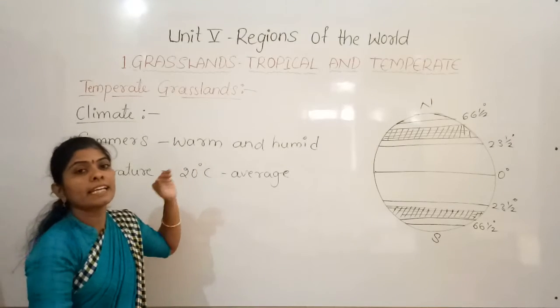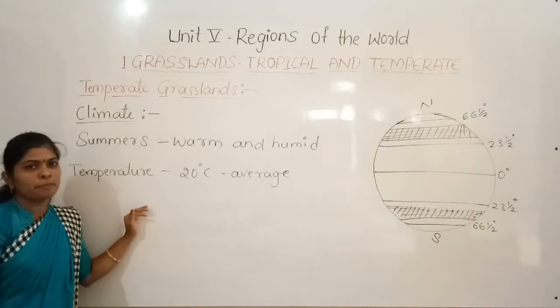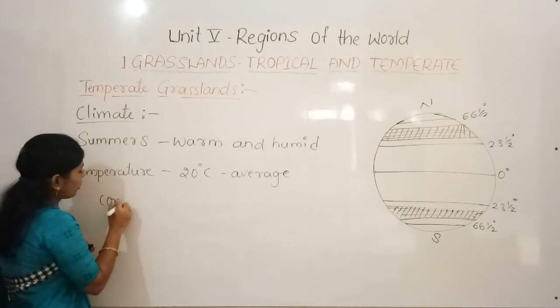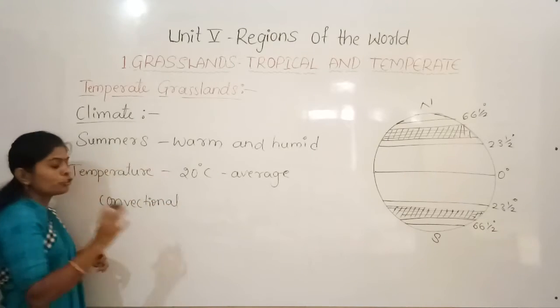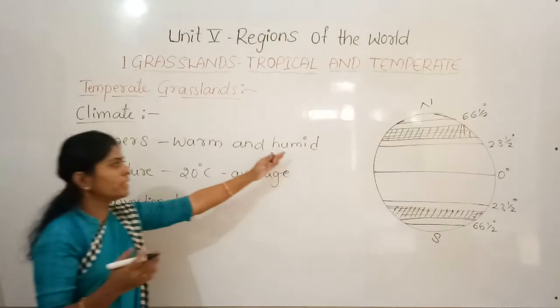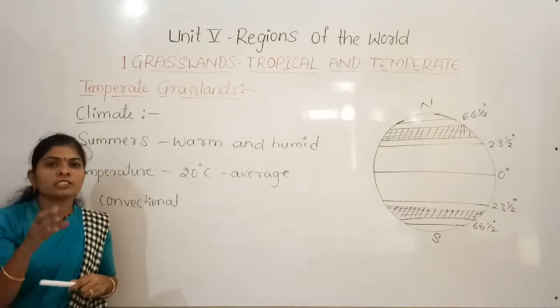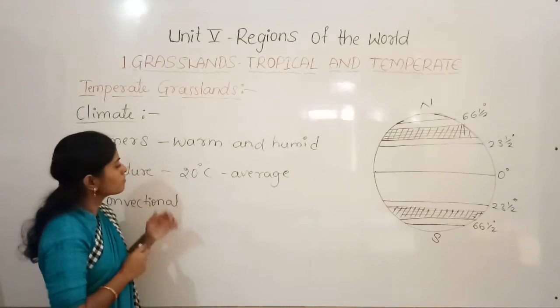20°C on an average. And here, sometimes convectional rainfall may take place during the summer, because we know that it is humid. Humid means the amount of moisture in the atmosphere.